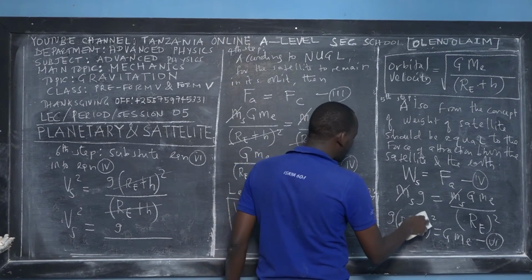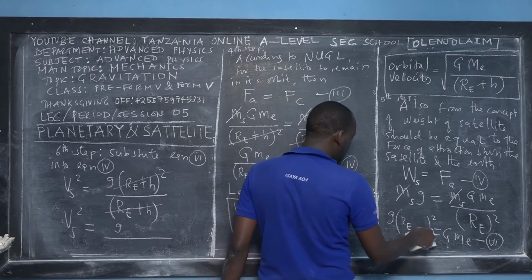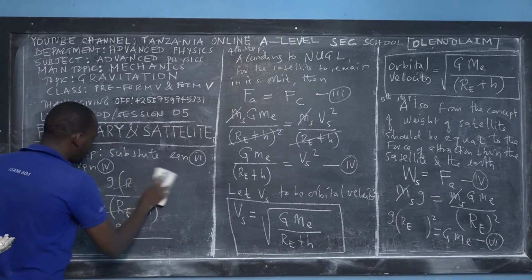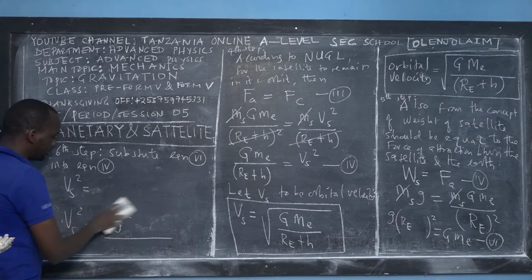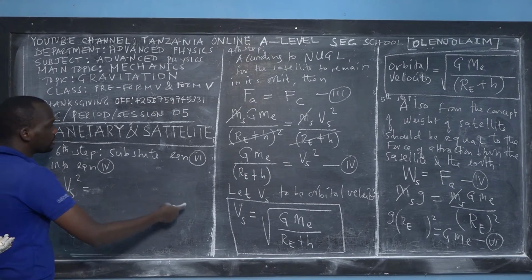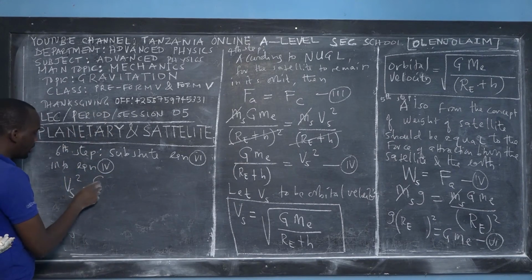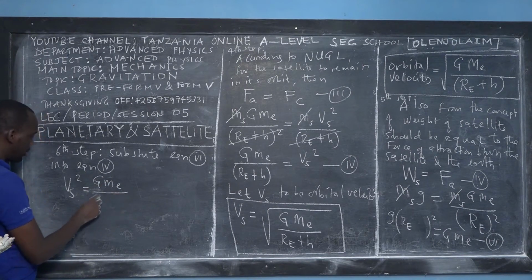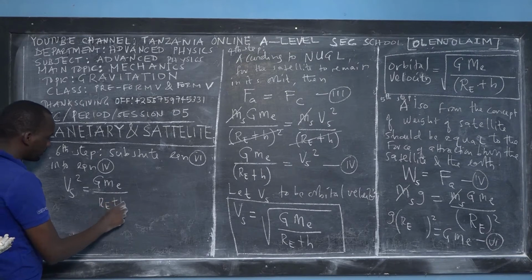So even here we have radius of the Earth squared. So do those minor corrections, and then even here we don't have this kind of expression. Instead of GME, we have universal gravitational constant, mass of the Earth. Then there we have radius of the Earth plus h.